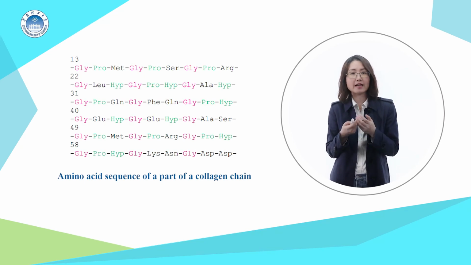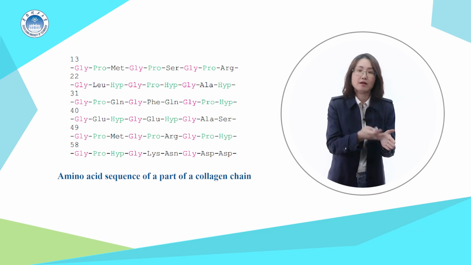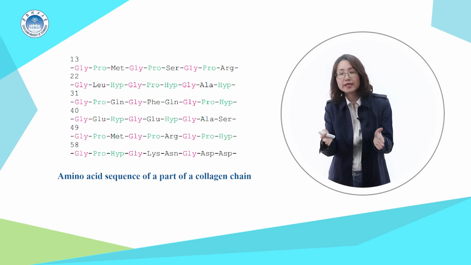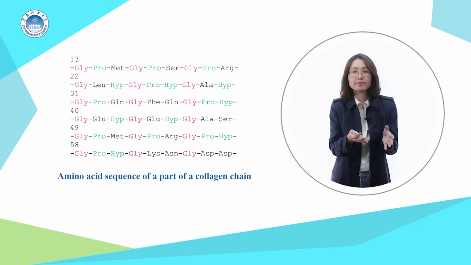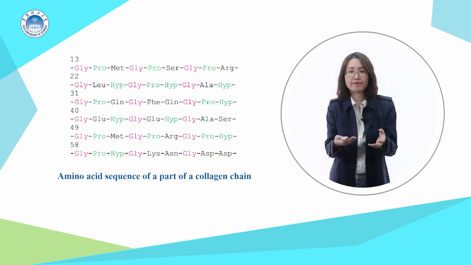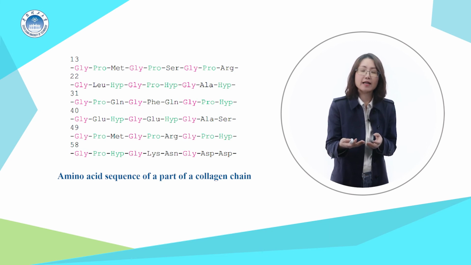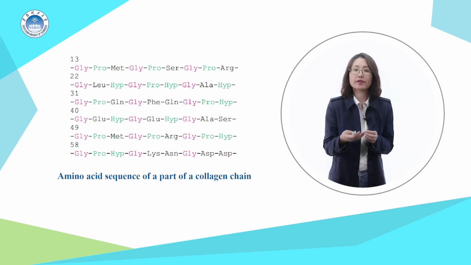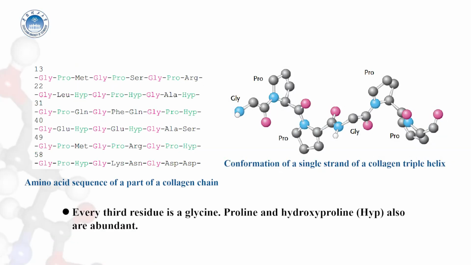Glycine appears at every third residue in the amino acid sequence, and the sequence glycine, proline, hydroxyproline recurs frequently. Hydroxyproline is a derivative of proline that has a hydroxyl group in place of one of the hydrogen atoms on the pyrrolidine ring.